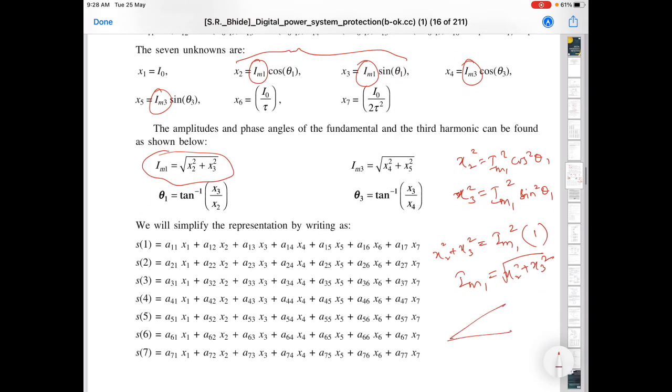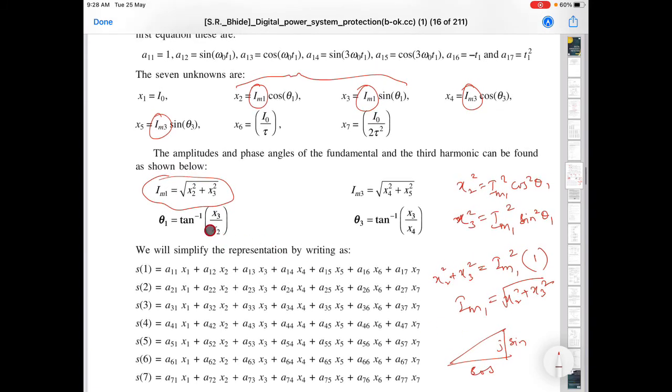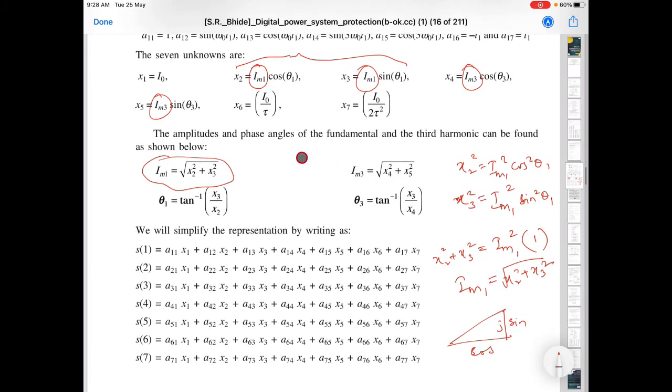You know this: the real component is cos, the opposite component is sine, so it is always associated with the j term. So angle is always tan inverse of imaginary part by real part. Similarly for theta 3 you get this. So these are the phase and amplitude terms that can be calculated using this.